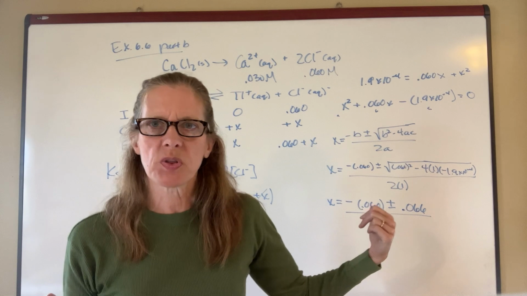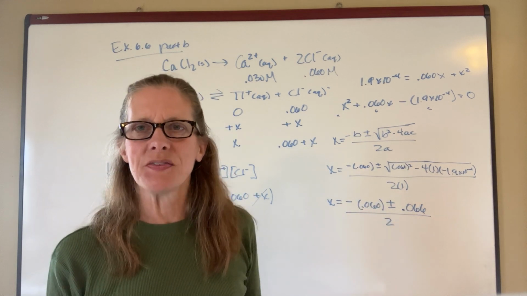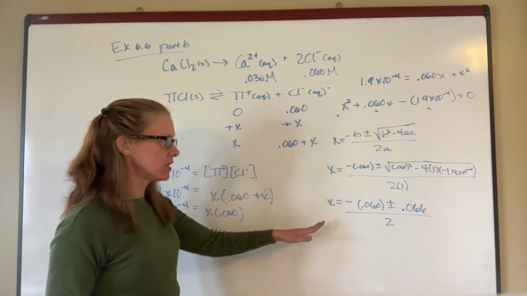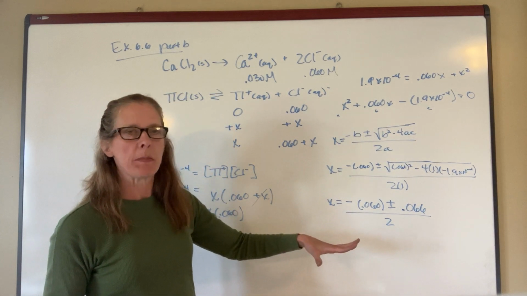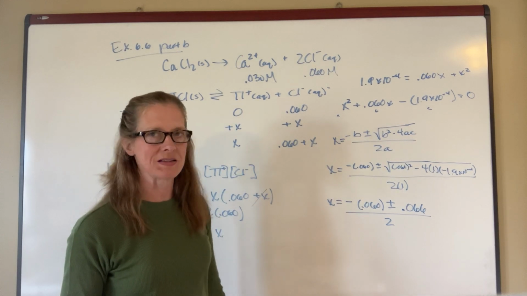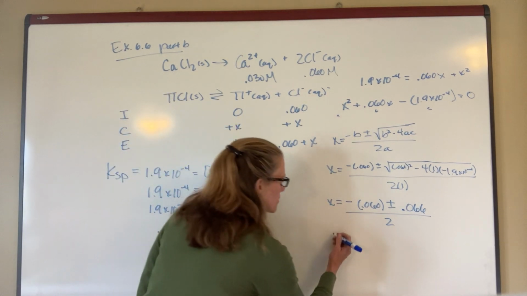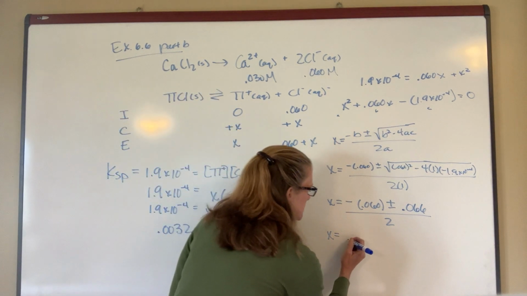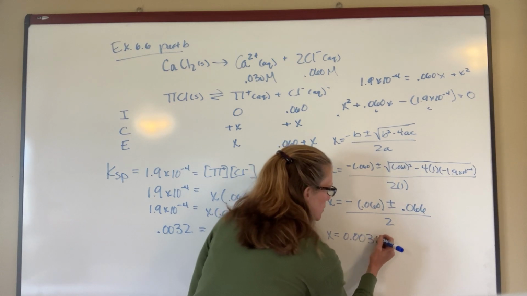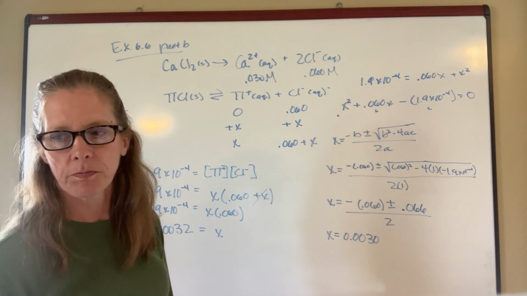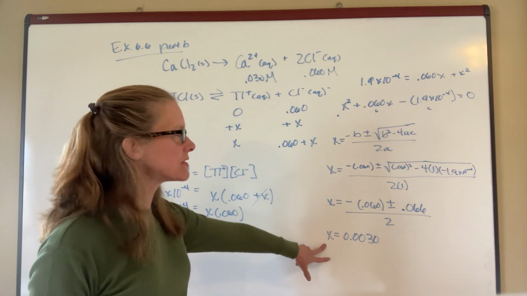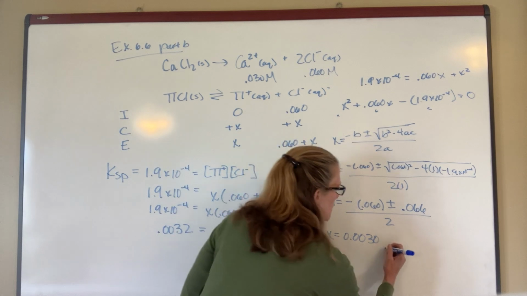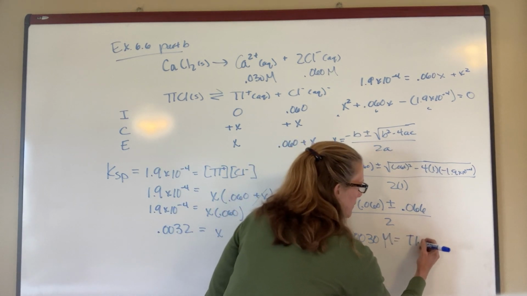Because we're dealing with concentrations of solutions, the negative number doesn't make any sense. I can't have a negative concentration, so we're going to ignore it because it doesn't help us. The positive number that I get out of this is 0.0030. And because that's x, and they asked me for thallium ion concentration, and that's what x is, that's going to be my final answer.